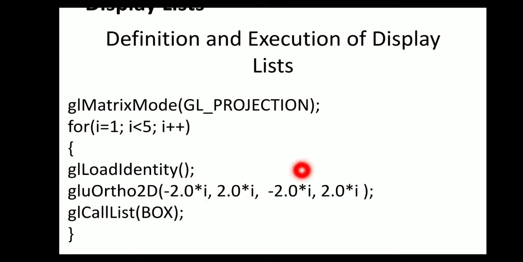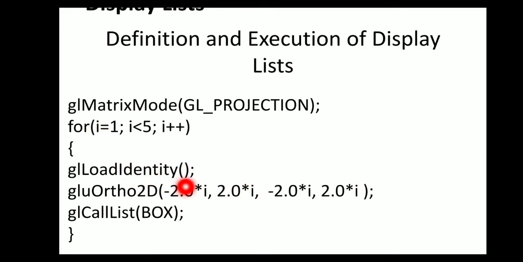This particular example deals with the appearance of the box at different positions, depending upon the value of i. So here, i equal to 1 means ortho 2D, which is nothing but my two-dimensional space where the object to be displayed will be set with these values. i equal to 1 means minus 2, 2, minus 2, 2, that is x min, x max, y min, y max.